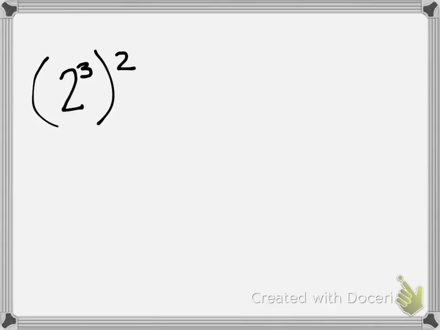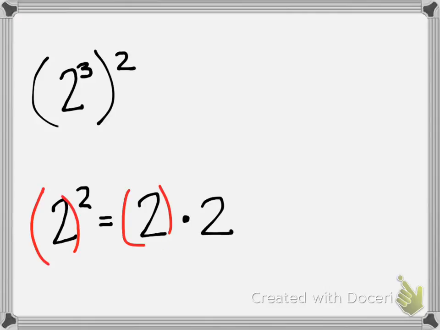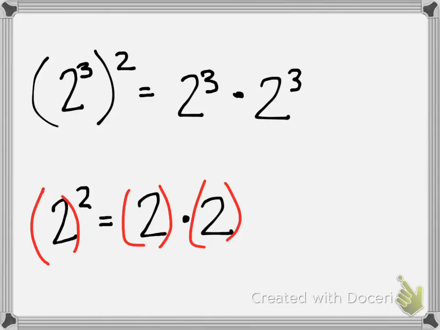Well, remember when we had 2 squared, that's the same as 2 times 2. So whatever you're squaring, you're going to multiply by itself twice. So this is going to expand to look like 2 cubed times 2 cubed. So we have the same base. That means we add the exponent. That's 2 to the 6th power.